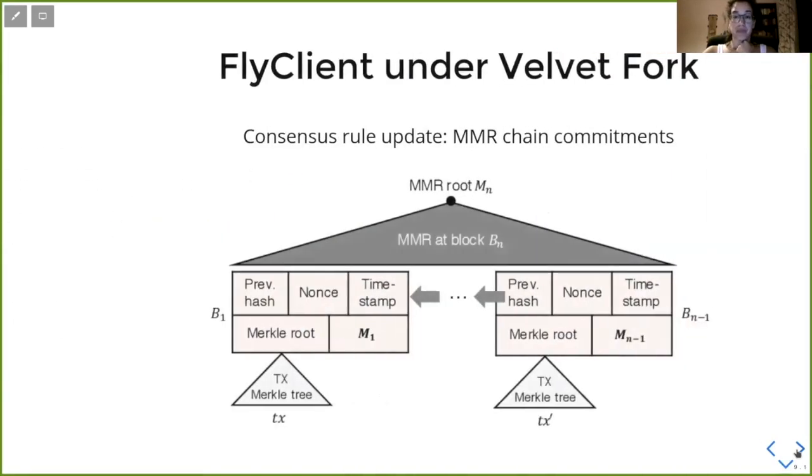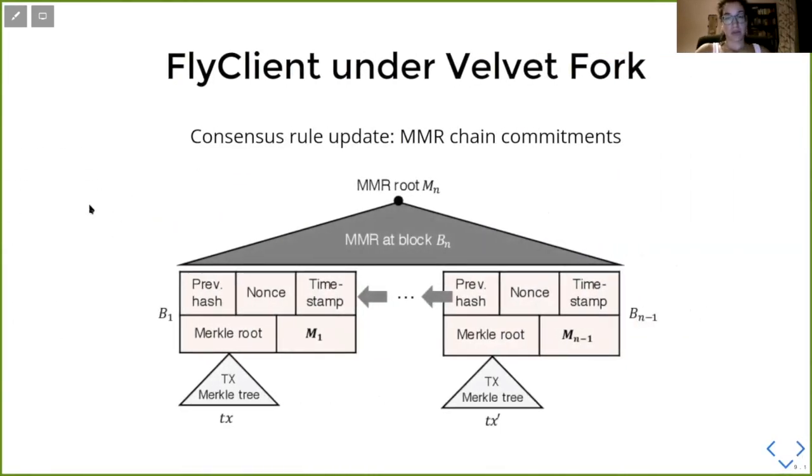Now, let me say just a couple of things about FlyClient. FlyClient is another superlight client protocol, and the consensus protocol change it requires is that in each block header there is an additional Merkle root, and this is the root of a Merkle mountain range chain commitment, and it commits to the whole blockchain history up to the point that this block is generated.